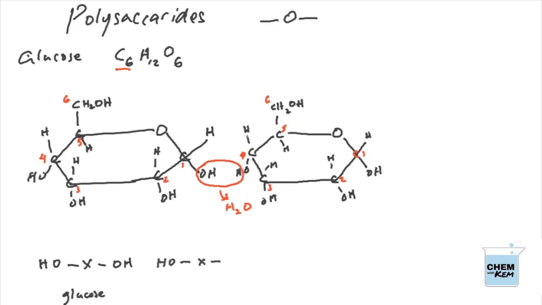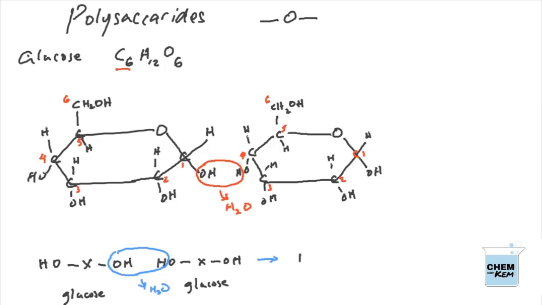You could put Y or A, anything you want in the middle for the variable hydrocarbon group. So this is fine. So this is another glucose molecule. So if both of these come together, it's the OH from the front one and the H from the one beside it. That will come off as water, and that will give us a disaccharide.